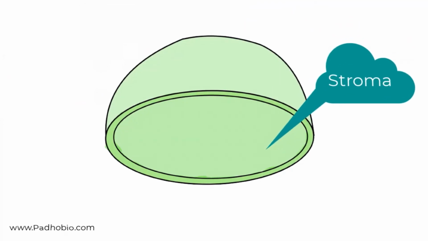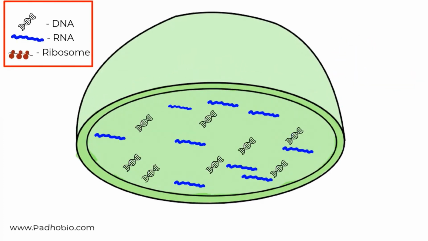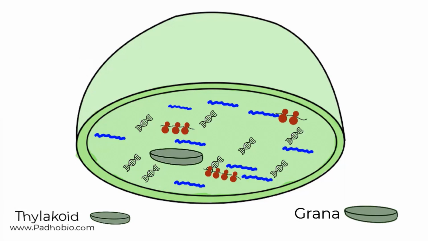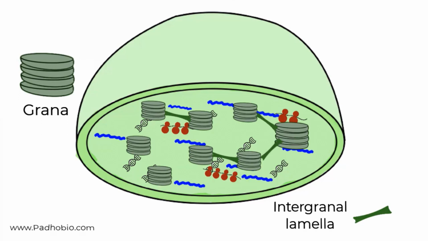The fluid of stroma contains enzymes, plastid DNA, RNA, ribosomes, etc. Within stroma, there is another membranous structure called thylakoids. The flattened discs are called thylakoids, which are arranged in a stack called grana. Different grana are connected together by intergranal lamellae.